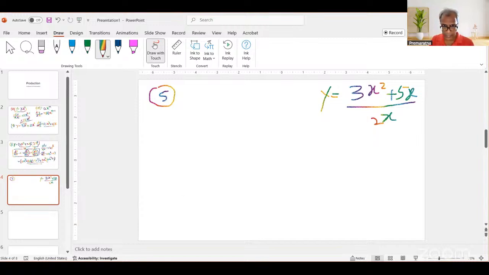In generalization, let's say y is a function of x equal to f(x) divided by another equation g(x).